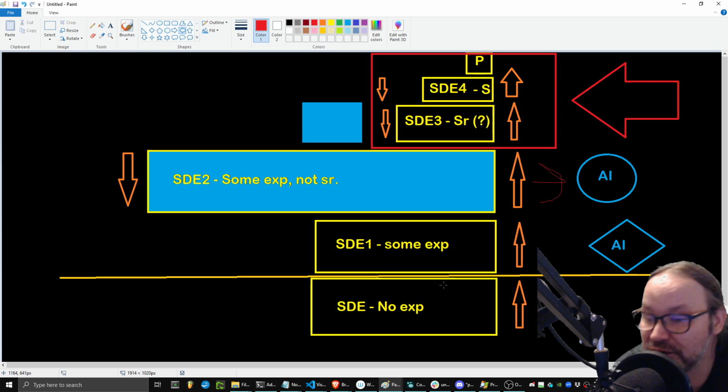And unfortunately, if there's no SDE1s, eventually, after 20 years or whatever, there won't be any SDE2s. And then, given more time, there won't be any SDE3s or 4s. Everybody will be a principal, or it won't happen at all. And AI will have taken over the job at that point.